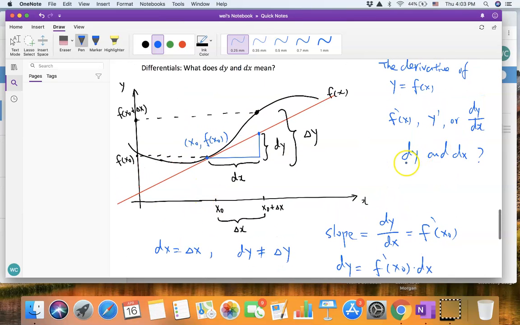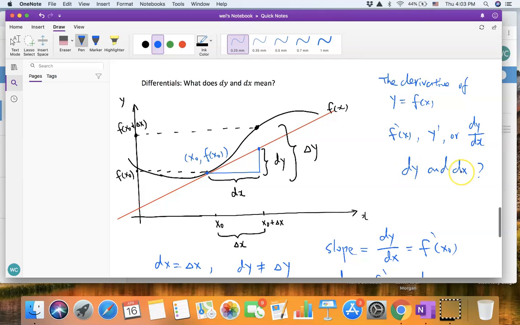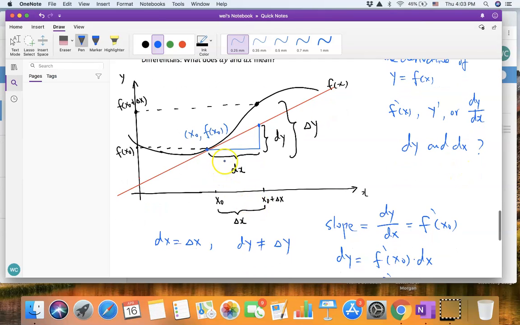Now we understand what dy and dx represent. Dx represents the difference of the x values on the tangent line. Also, it's the difference between the x values on this curve. And dy stands for the difference of the y values of two points on the tangent line.